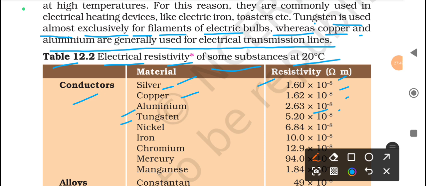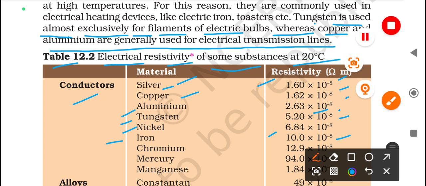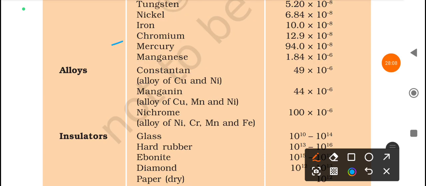Third, aluminum, 2.63 into 10 to the power minus 8 ohm meter. Tungsten, 5.20 into 10 to the power minus 8. Nickel, 6.84 into 10 to the power minus 8. Iron, 10.0 into 10 to the power minus 8.